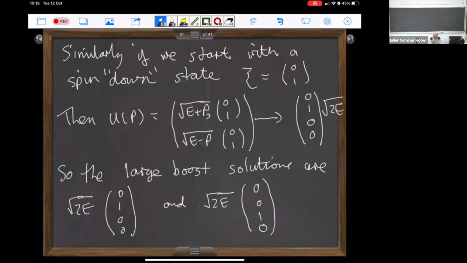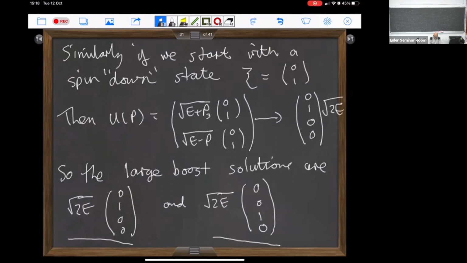Similarly, if we started with the spin down state, we'd get a similar result, but it's the upper two components which survive. So you see that in the high energy regime, the two solutions take this very simple form in the Weyl representation.